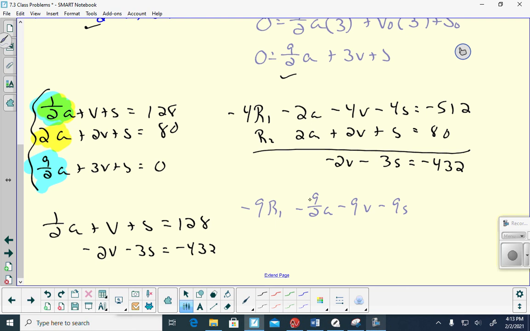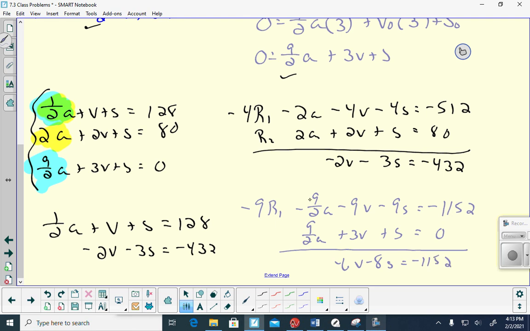And when I multiply that 128, I'm going to have -1,152. Then I'm going to have 9 halves a plus 3v plus s is equal to 0. Those will drop out. The 9 halves will equal 0. And I'm going to be left with -6v minus 8s is equal to -1152.